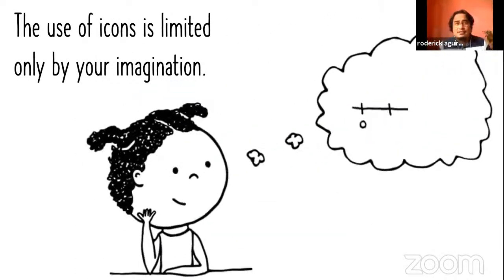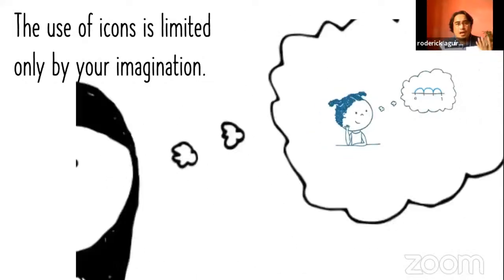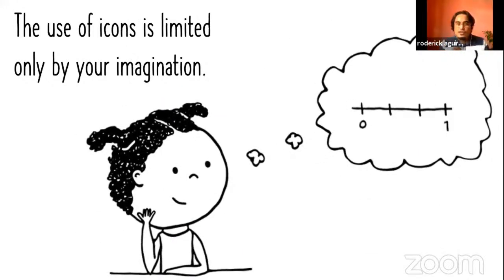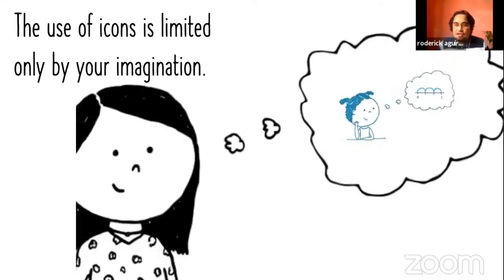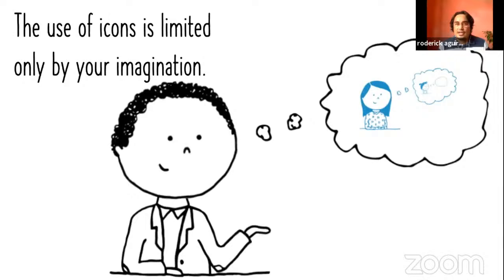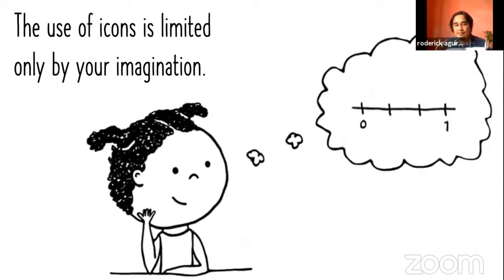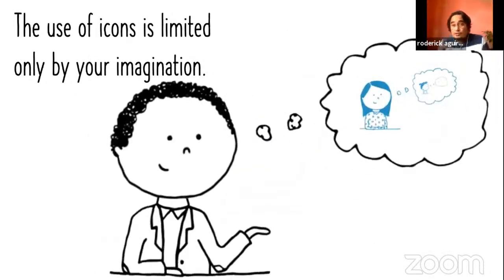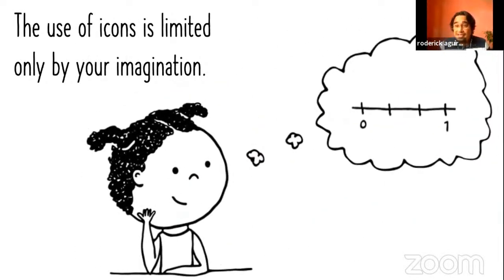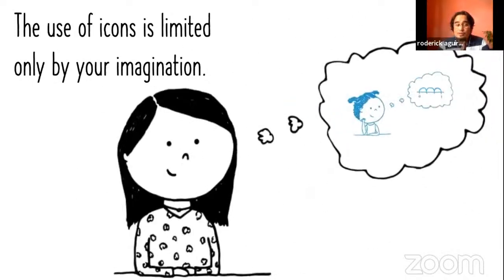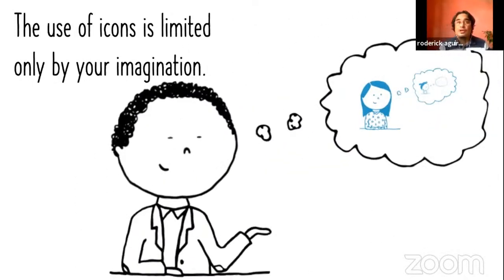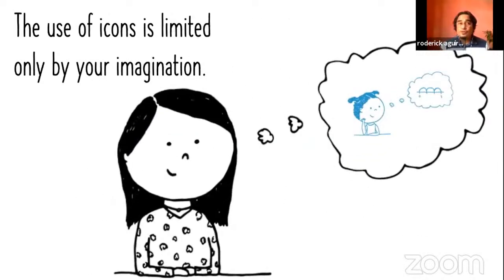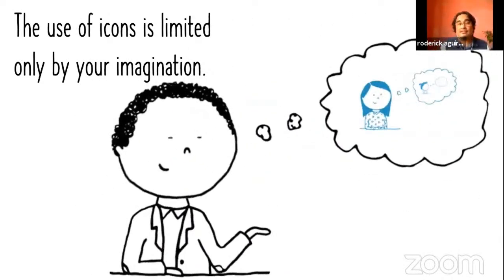The possibilities are limitless, and the more we use the combination of icons in online presentations and in our modules, the more that we can capture the attention of our students and engage them not just in verbal literacy or verbal reading, but also in visual reading, or visual understanding. And by combining them, we would be able to help our students understand what we want them to get from the lesson itself.